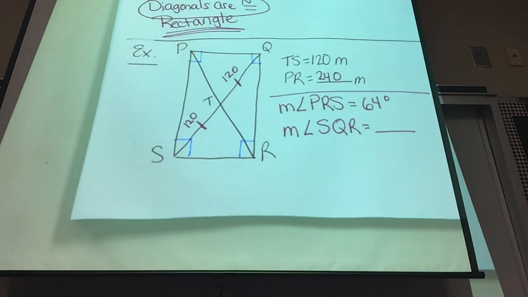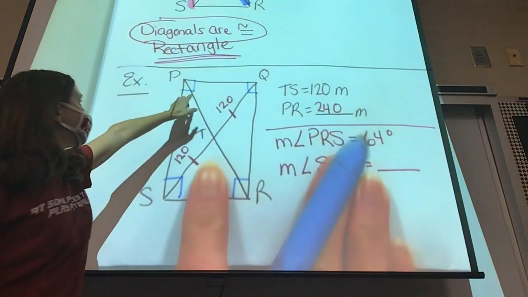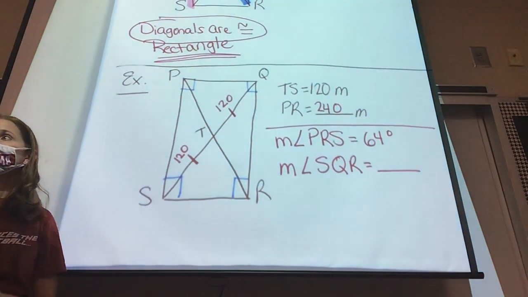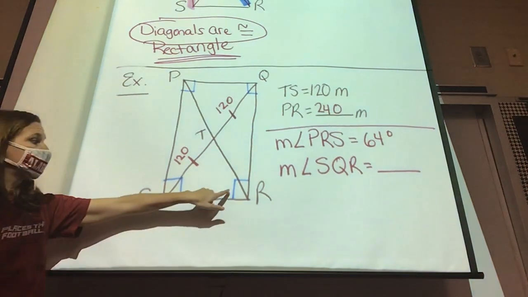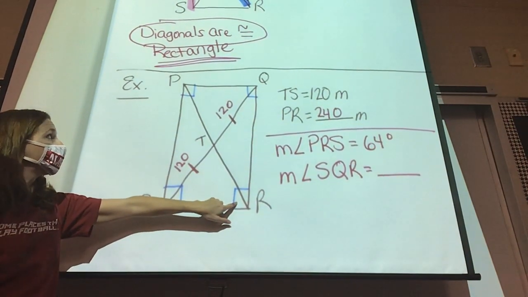The left side, no? Here's P, here's R, and here's S. The middle letter tells you which one you're dealing with.